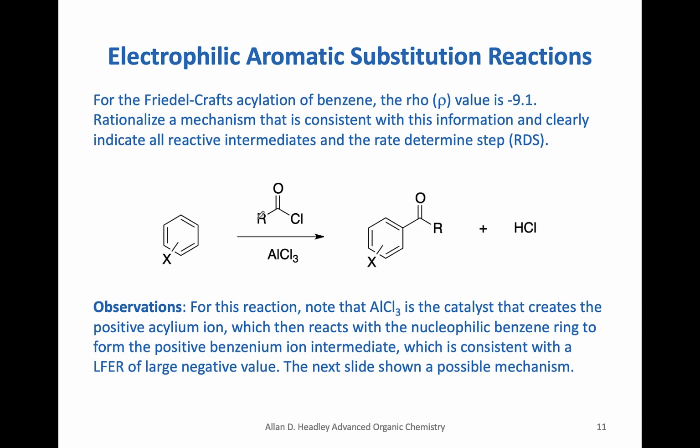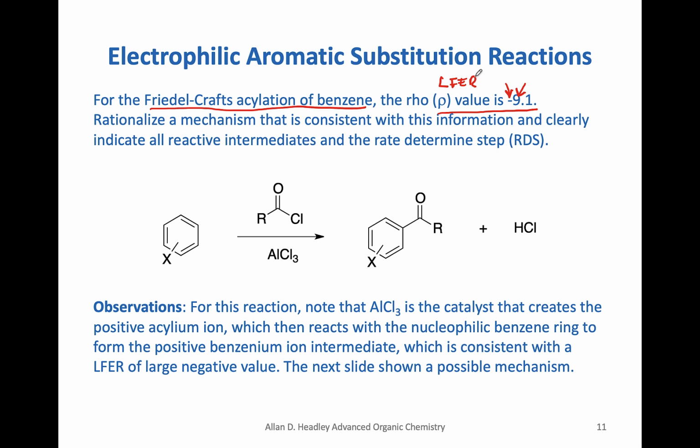So let us use that information now to explain some experimental results. For the Friedel-Crafts acylation of benzene, a rho value of negative 9.1, notice negative, and a very large value, 9, was obtained for the linear free energy relationship studies.